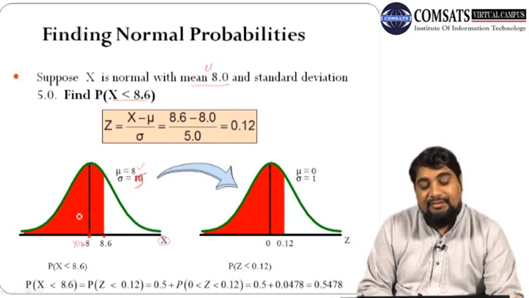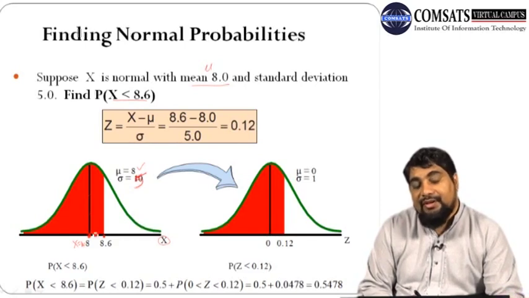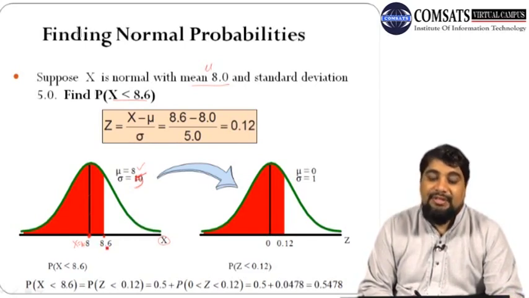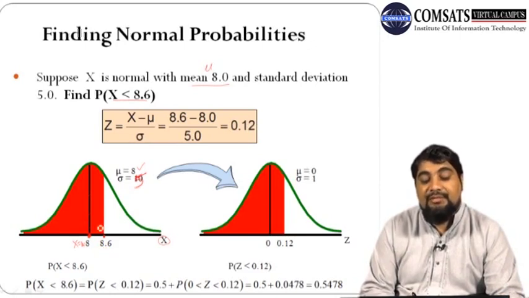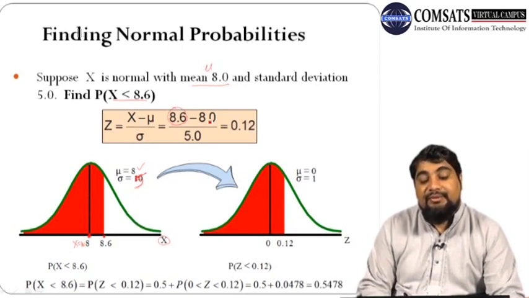The next step is to convert the x values into standardized form, the z values, using the relation z is x minus mu over sigma. So x is 8.6 minus mu 8, and sigma is 5. 8.6 minus 8 gives 0.6 divided by 5.